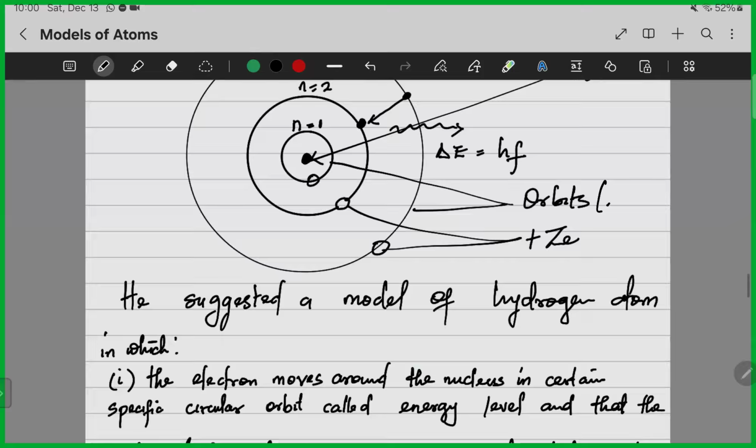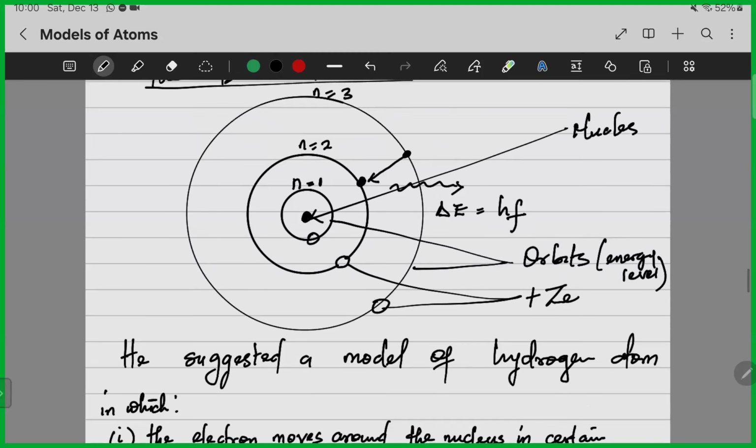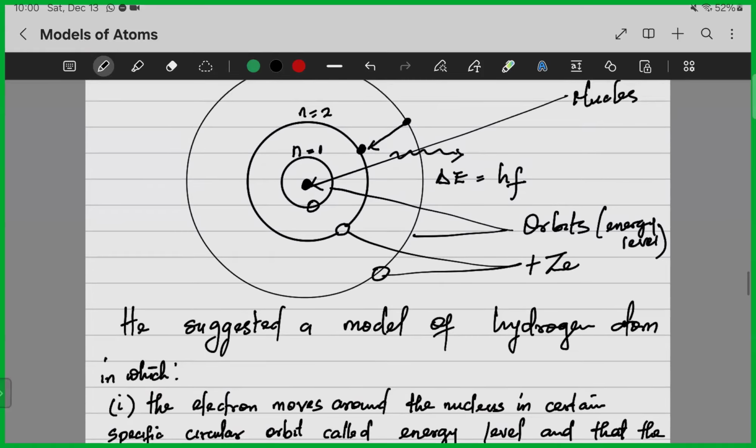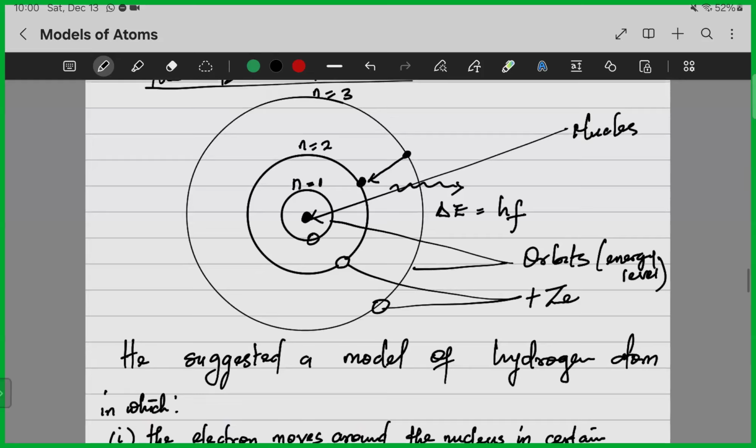So that's what that first definition is saying. Energy levels. You see one that is n equal to 1, that's energy level 1. Next one, n equal to 2, like that. Electrons are on them, of course, they are orbits. Then the stuff at the center is the nucleus.